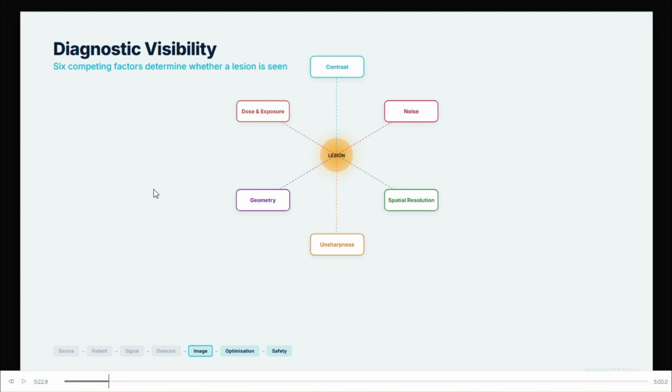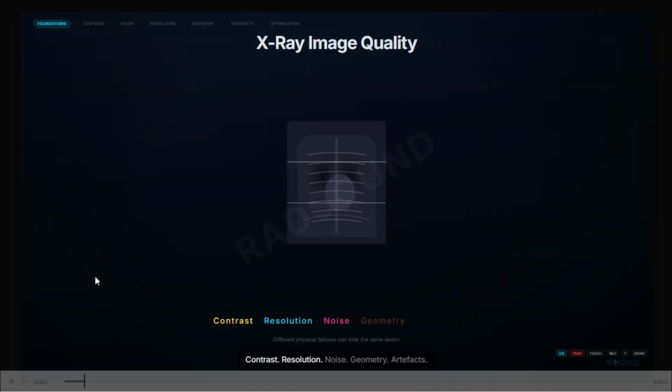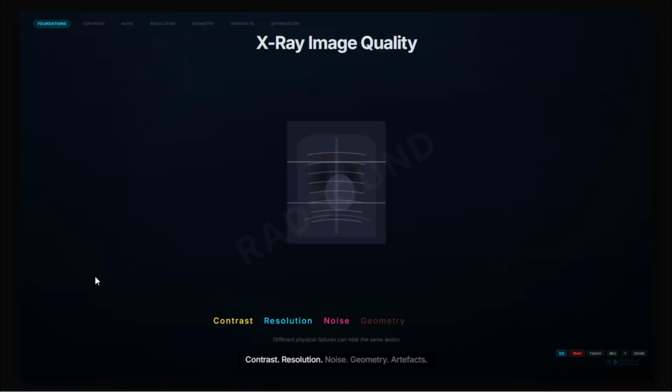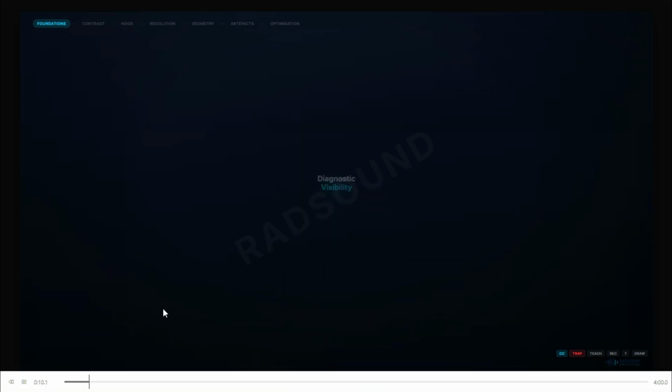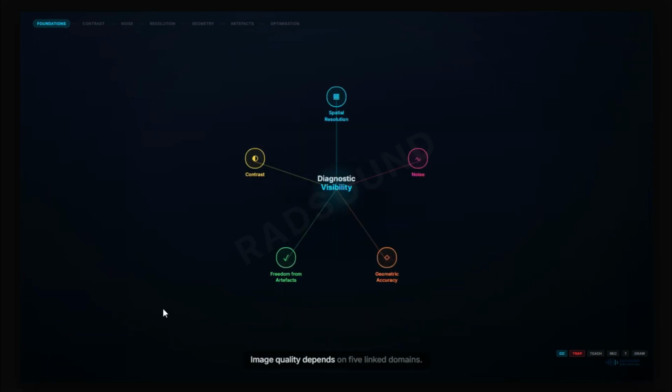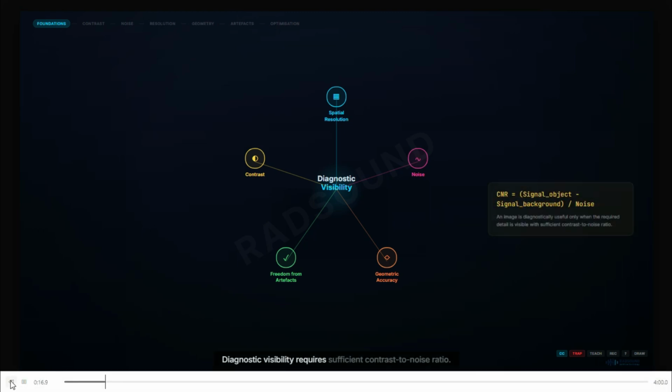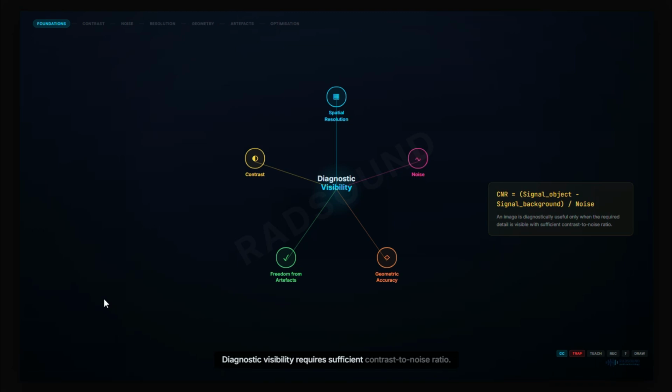So image quality is very important. Its visibility depends on the 5 most important interlinked domains. Among them, we have contrast, resolution, noise, artifact and geometry. These are 5 really important qualities. So we say contrast to noise ratio. Contrast to noise ratio is a big quality which is the diagnostic ability.